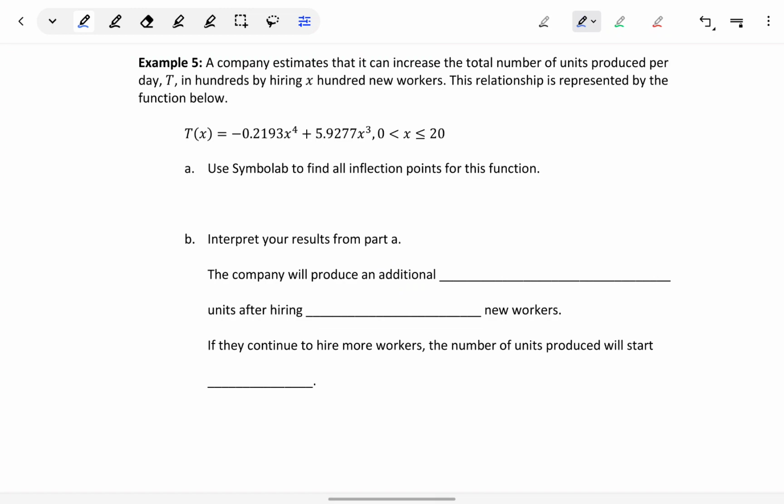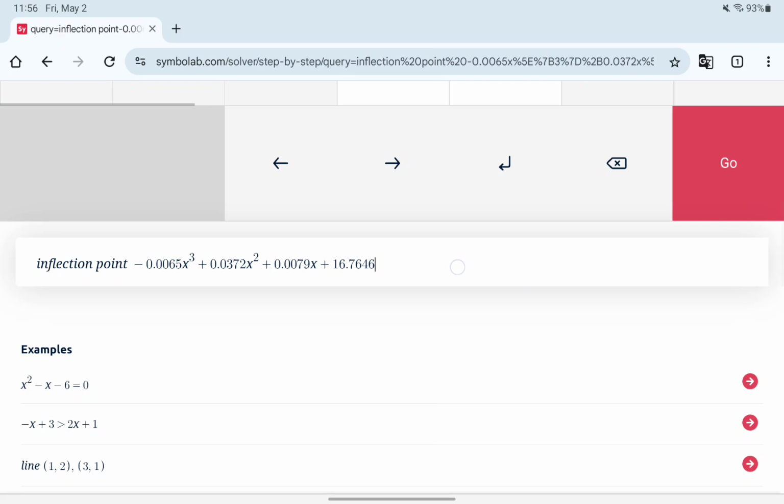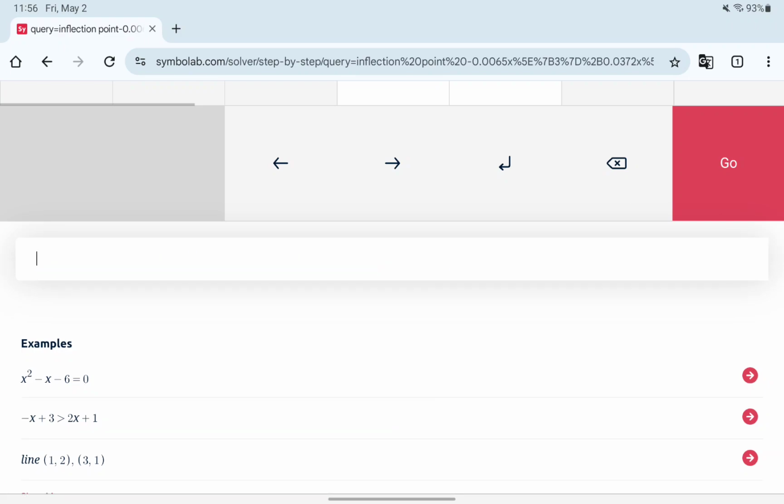Similarly, in example 5, actually a little bit different here. Let's go to Symbolab and enter this information in because we're going to get slightly different results here. We're going to get multiple results.